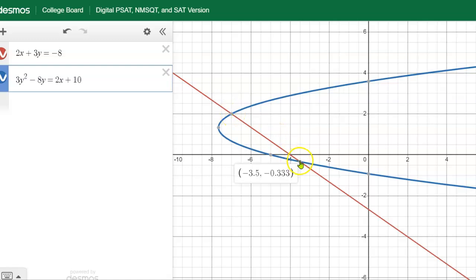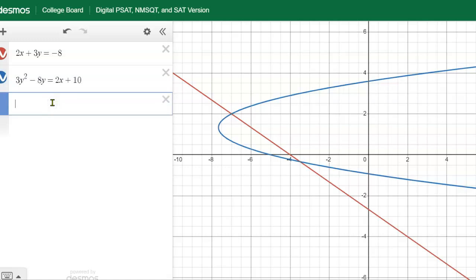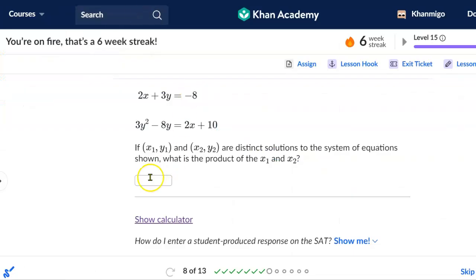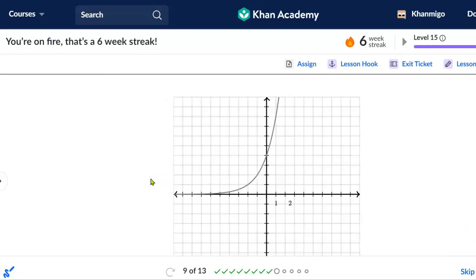Negative 7, negative 3.5. Right? Negative 7 times negative 3.5 is 24.5.